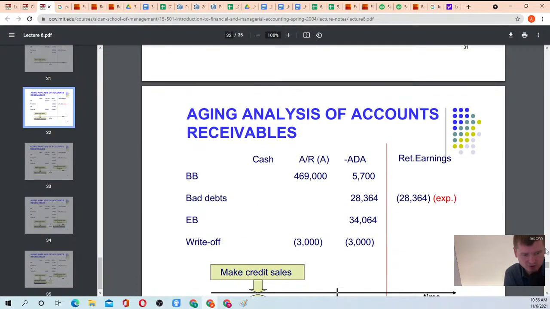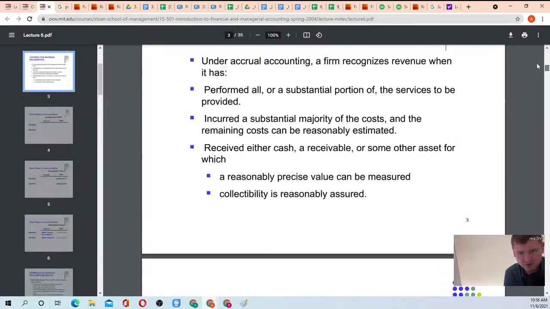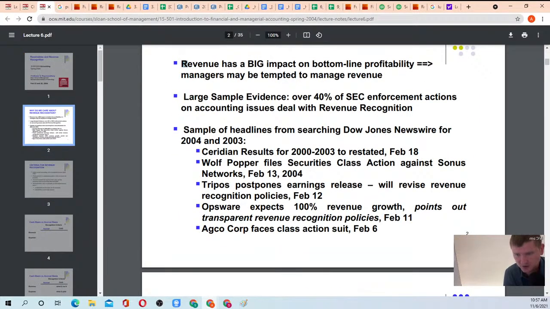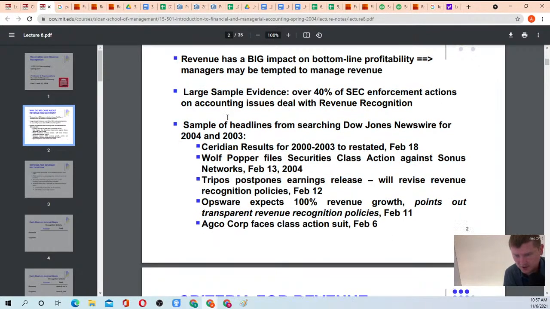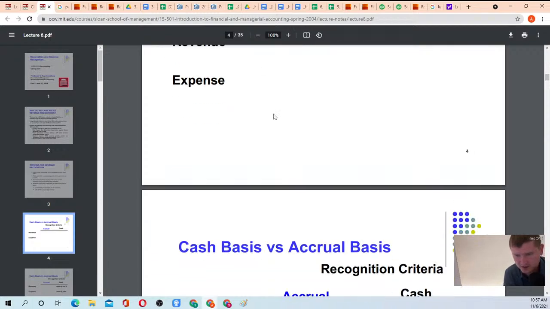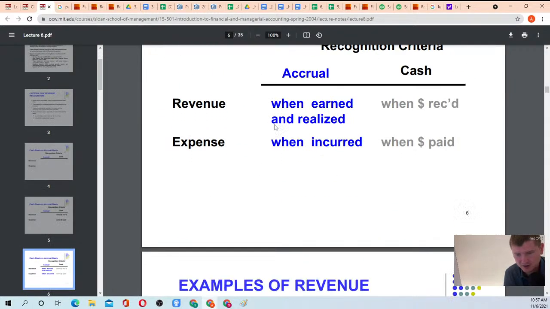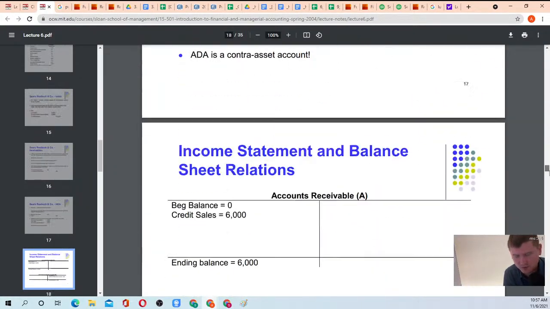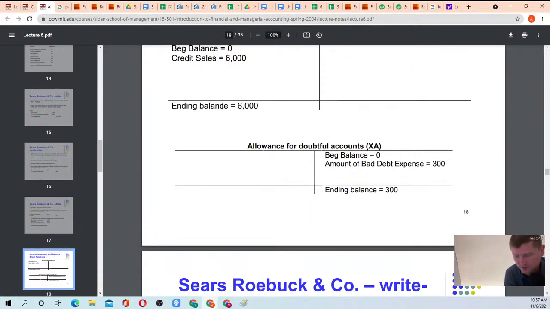Then we went through the MIT lectures on revenue recognition. We covered possible instances of fraud in revenue recognition, and we discussed that the lectures are outdated in respect of revenue. And we covered accounts receivable and what we do with accounts receivable if we have an estimate of it not being collected. With that, I conclude that lecture.